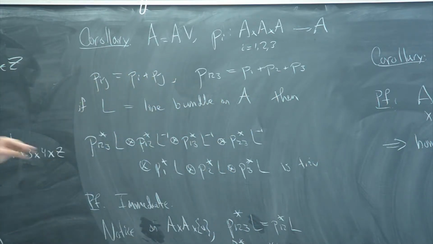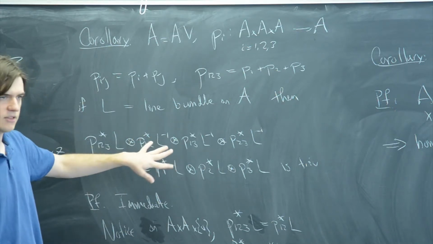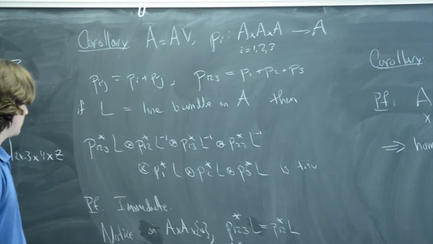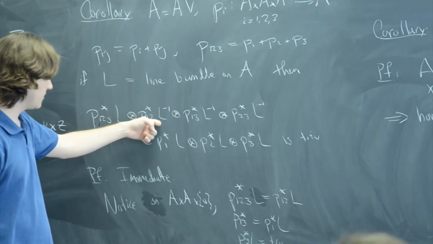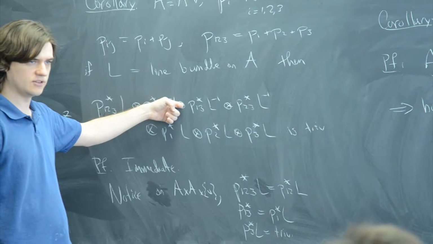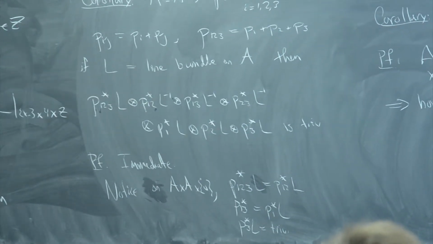So if you look at this expression, when you restrict this, things just match up and everything cancels. So this P123 star turns into P12 star, which is going to cancel this P12 star with the inverse there. And each term just matches with another term and cancels. So that's all there is to this corollary.